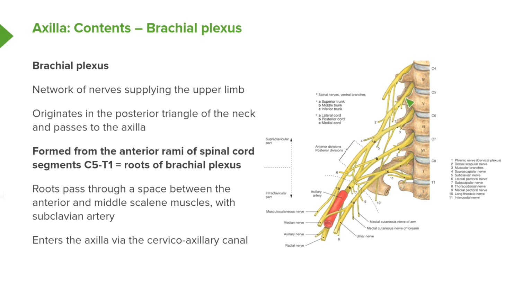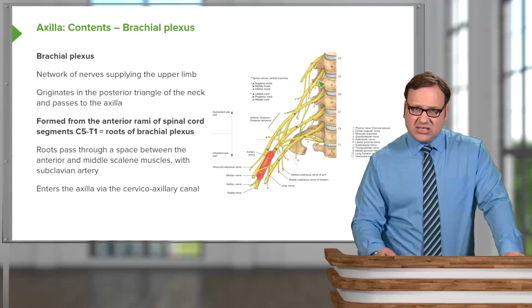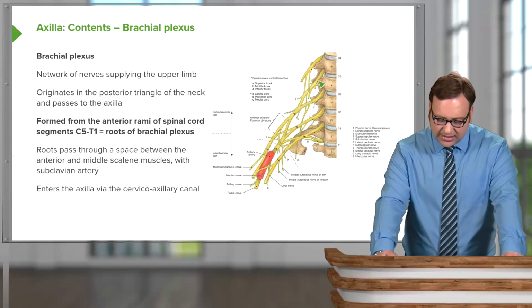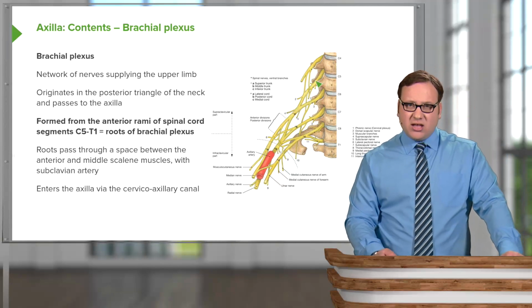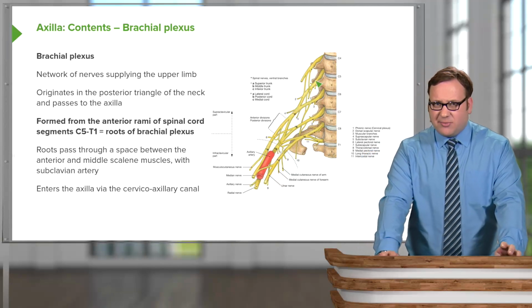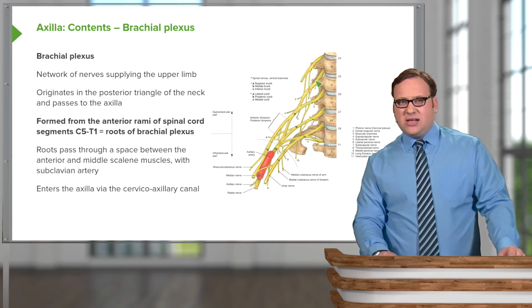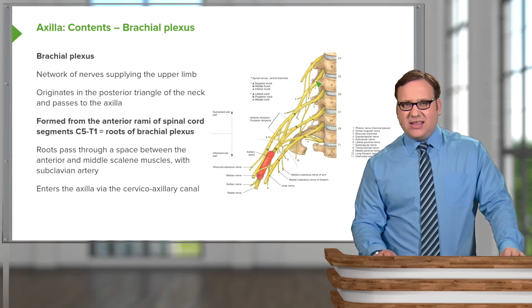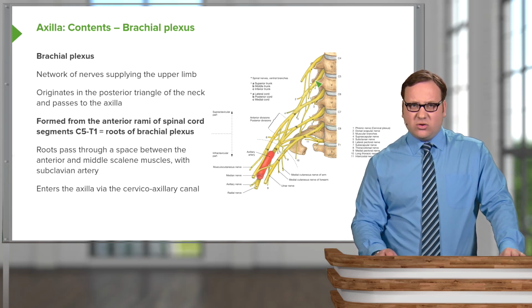These roots pass towards the axilla by passing through a space between the anterior and middle scalene muscles alongside the subclavian artery. You may not need to fully appreciate the scalene muscles, that's really part of a head and neck anatomy course, but it passes between these muscles as it heads towards the axilla.